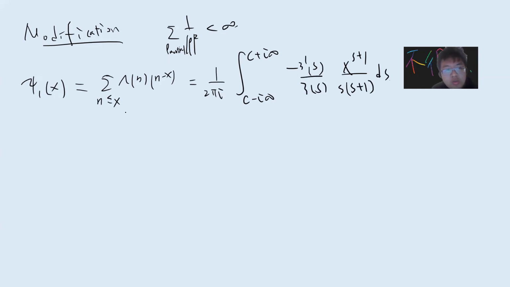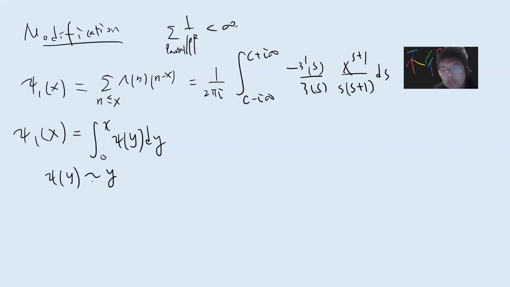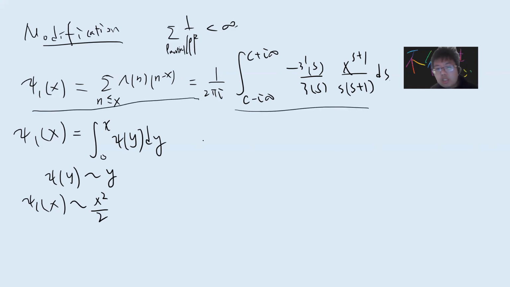Obviously psi1 of x is the integral from 0 to x of psi of y dy. So if psi of y is approximately y, then psi1 of x should have leading order x squared divided by 2. I can use the same techniques as for the zeta function to prove the order of this psi1.